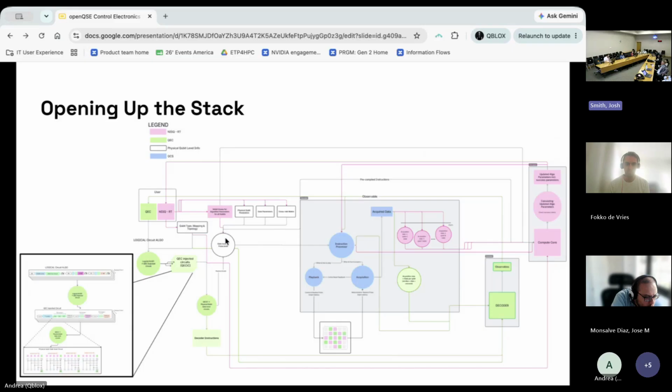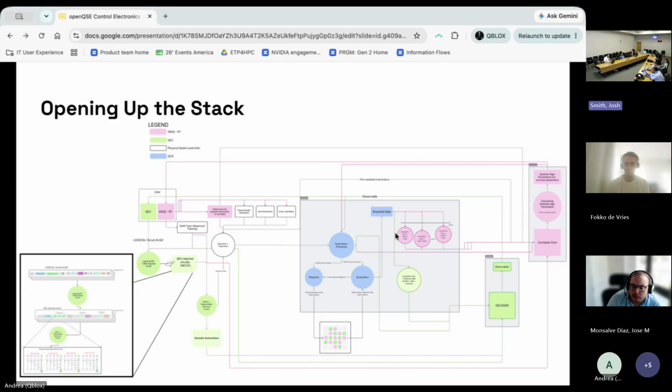If I walk you through here, it basically starts with the user deciding on the task to be run. Then the control stack takes as an input all the qubit information, whether it is a superconducting or a spin qubit, a calibration scheme, and all of this gets fed into the control stack.